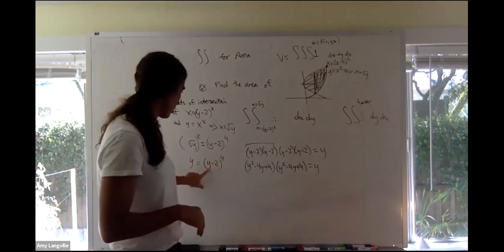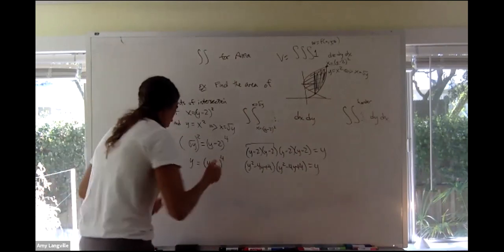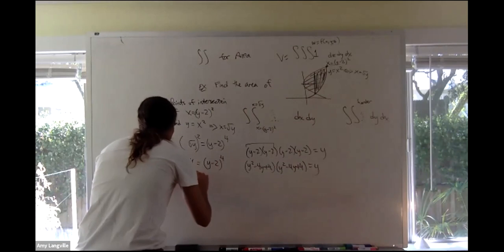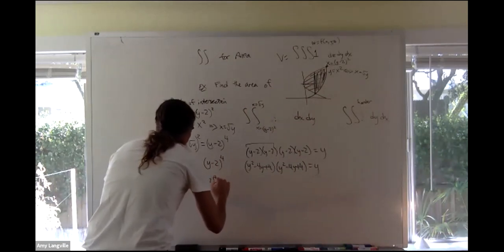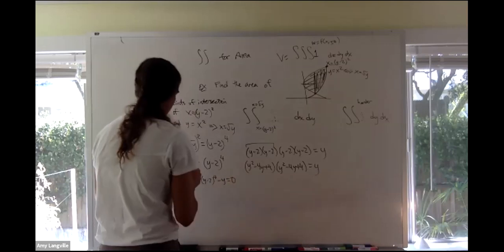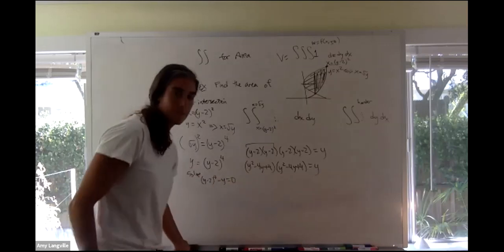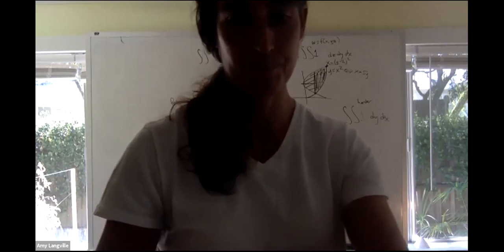Okay, so let's solve this. Use Wolfram Alpha to solve y minus 2 to the 4th minus y equals 0. See what kind of limits we get.